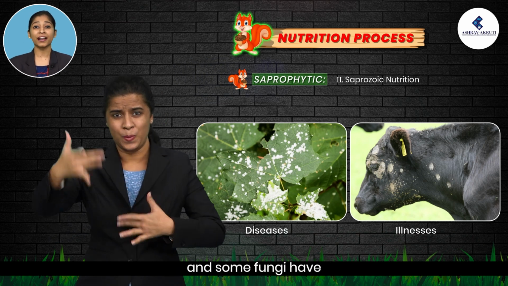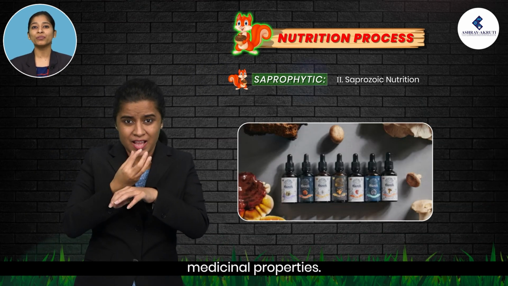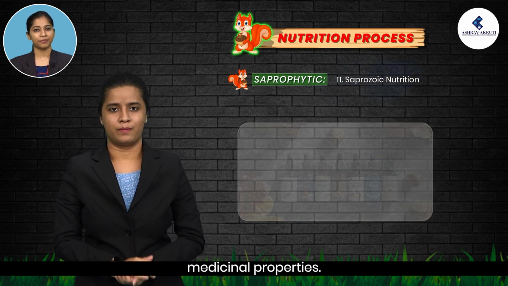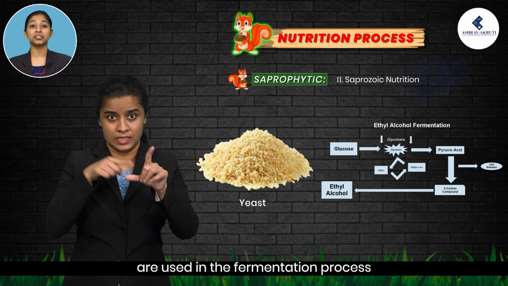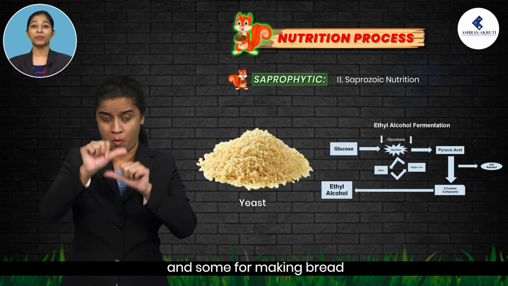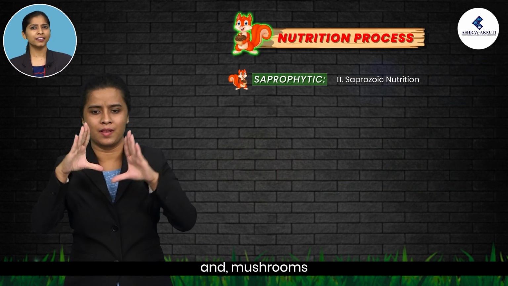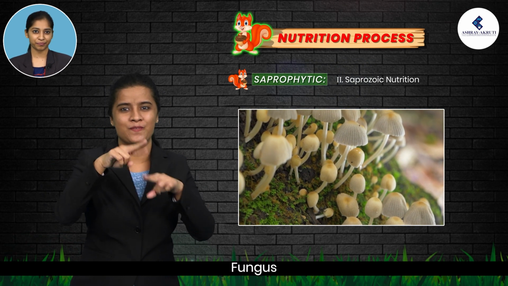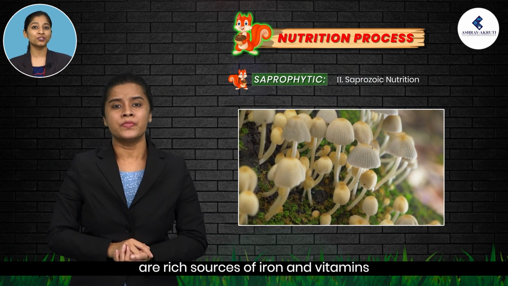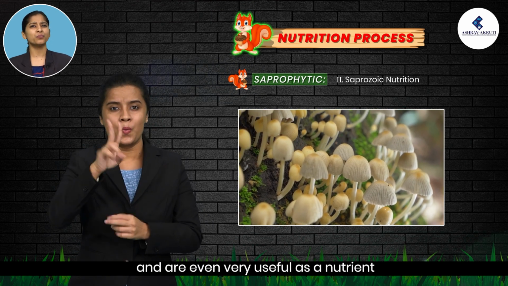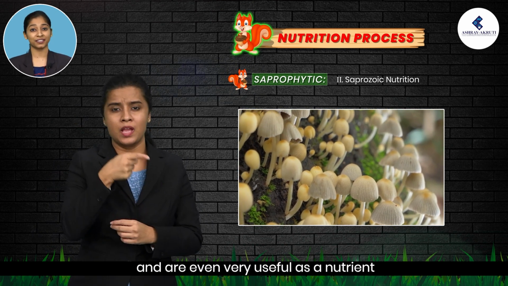And some fungi have medicinal properties. Fungi like yeast are used in the fermentation process, and some for making bread, and mushrooms, which belong to the kingdom fungus, are rich sources of iron and vitamins and are even very useful as a nutrient.